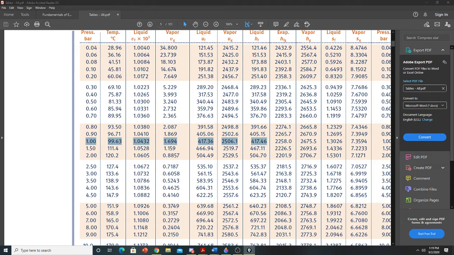It ends up where we're going to write this in really quickly. So it is 0.001042 plus 0.5 times the other volume, which is 1.694.